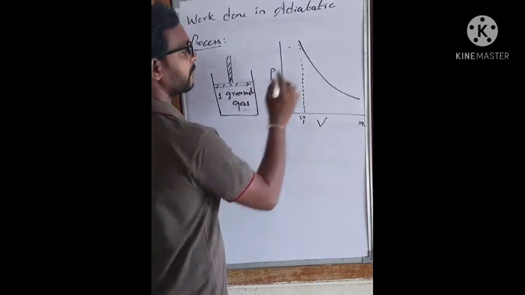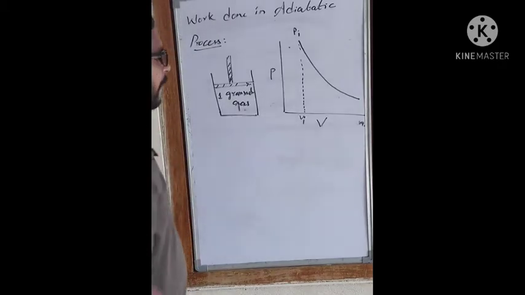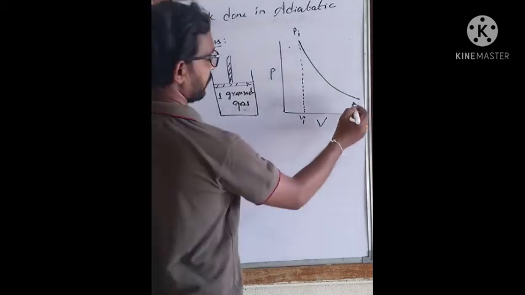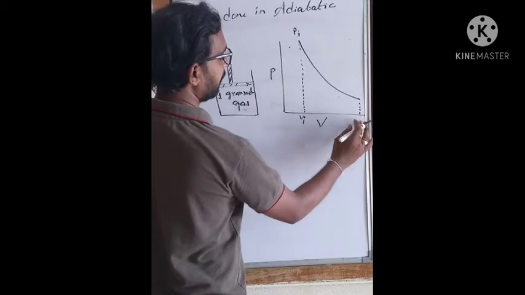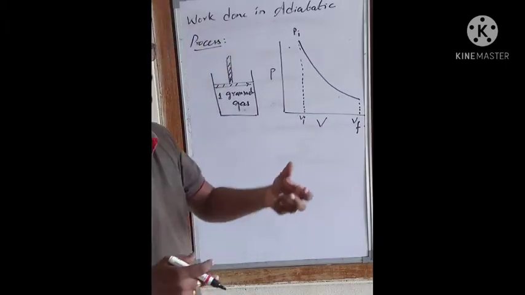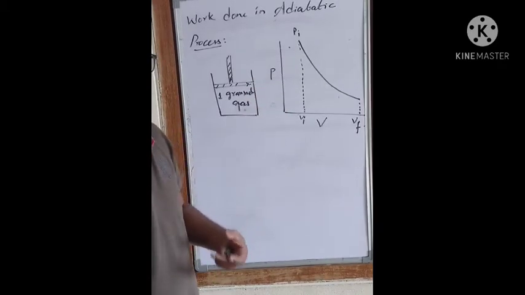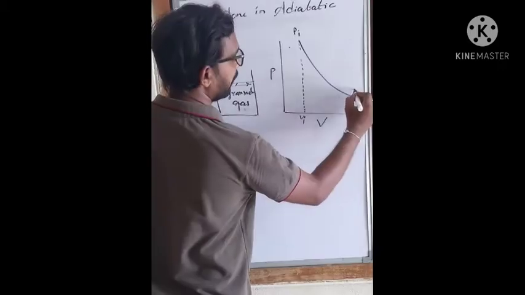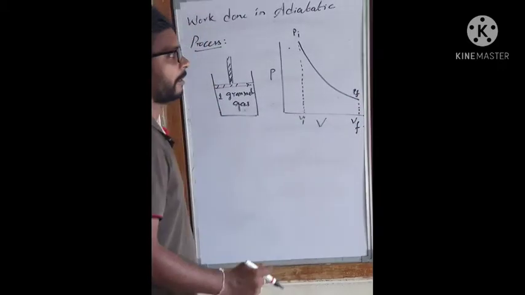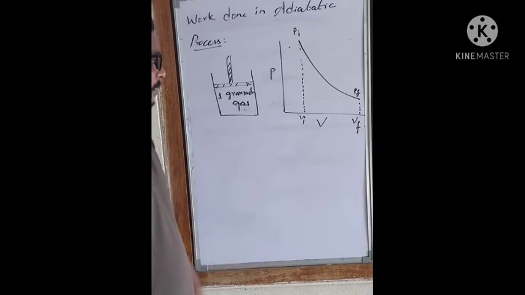The pressure of this gas can be taken as PI. Now, after expansion, the final volume can be considered as VF, and we know that as the volume increased, its pressure decreased according to Boyle's law. Here you have to take PF. Okay, PI, PF, VI, VF, just like in isothermal process.